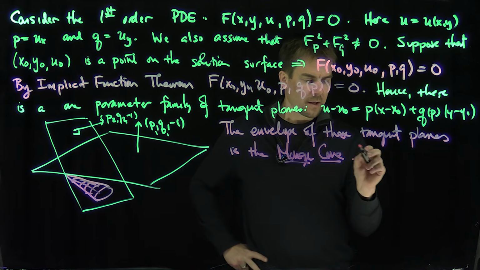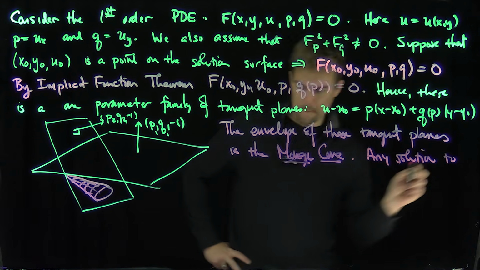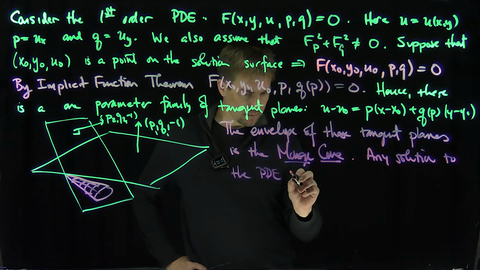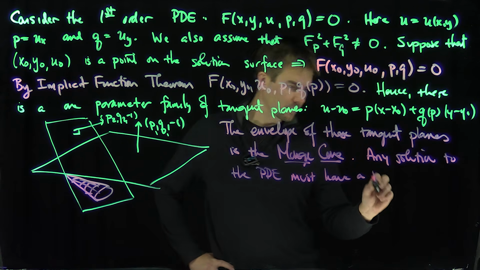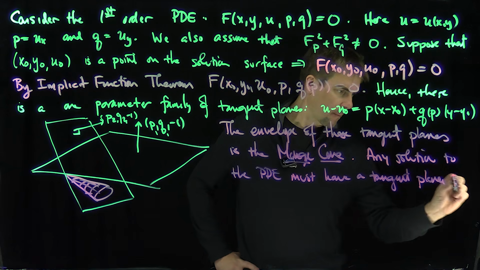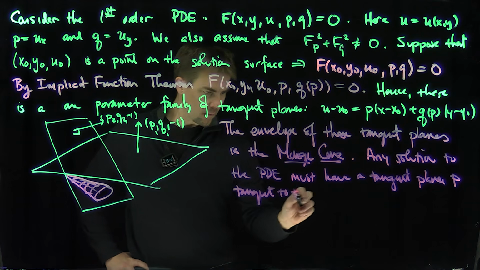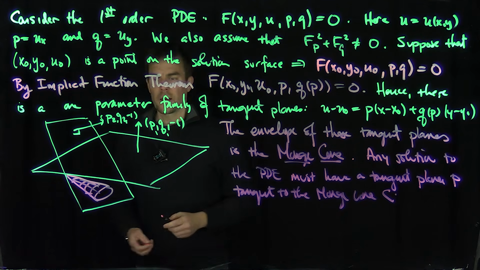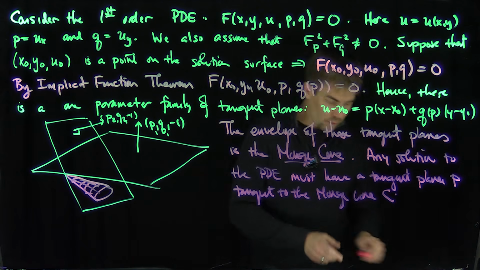So any solution to the PDE must have a tangent plane tangent to the Monge cone. And now we're in the business of finding a solution by tracking all these cones as they evolve. Let me just remind you what these envelopes are.